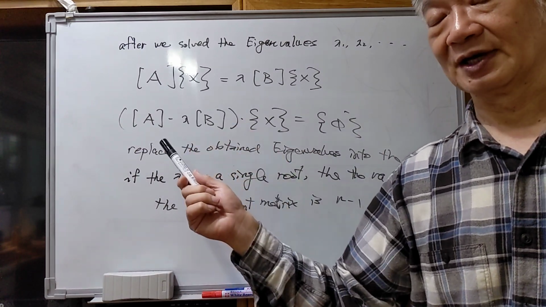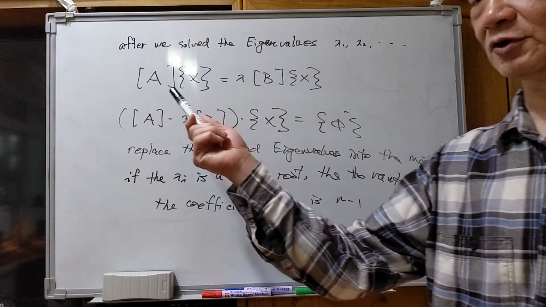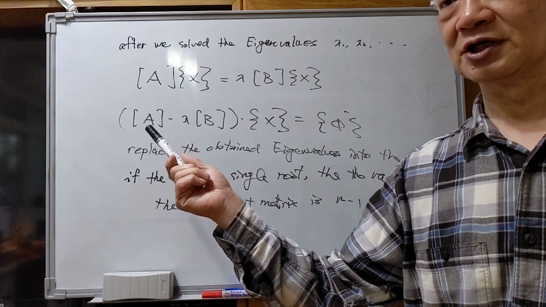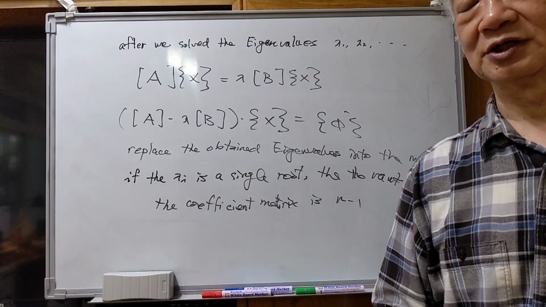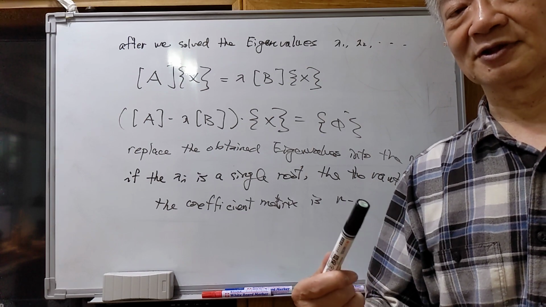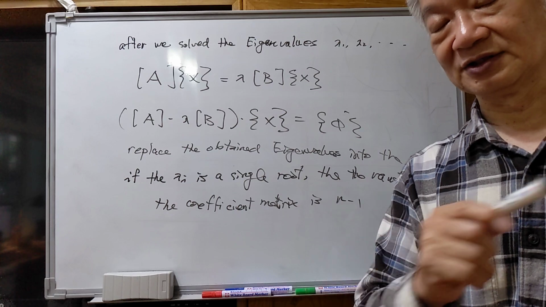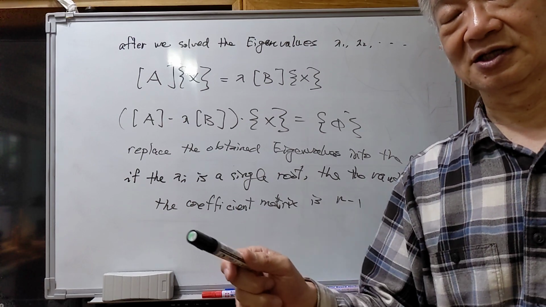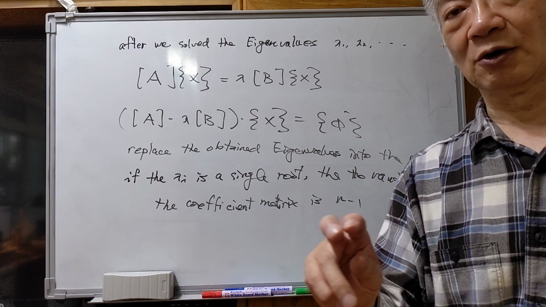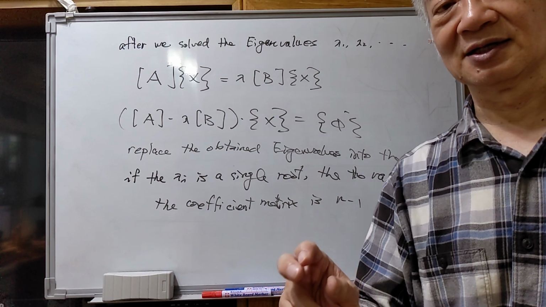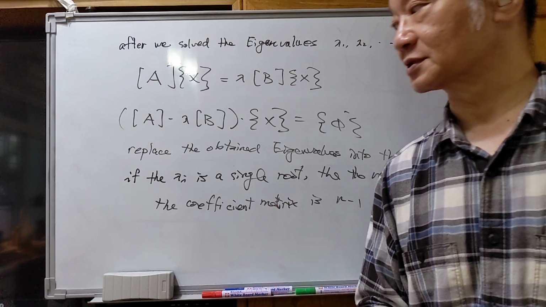The rank of the matrix is equal to n minus 1. So if you do the Gaussian elimination, usually we need to do Gaussian elimination with full pivoting. And then you will find the last row, or the last equation, all the coefficients are equal to zero or very, very close to zero.